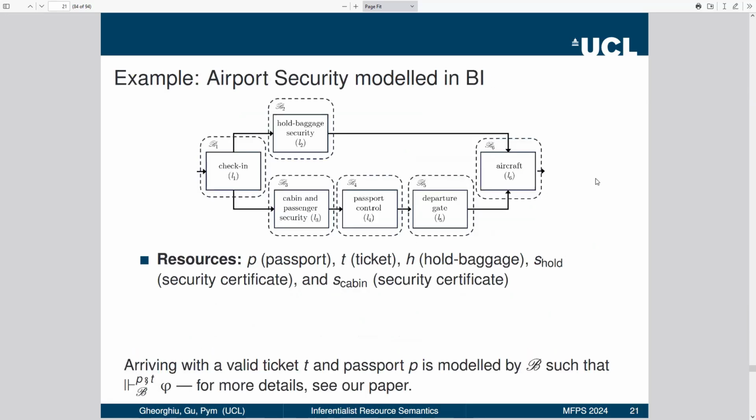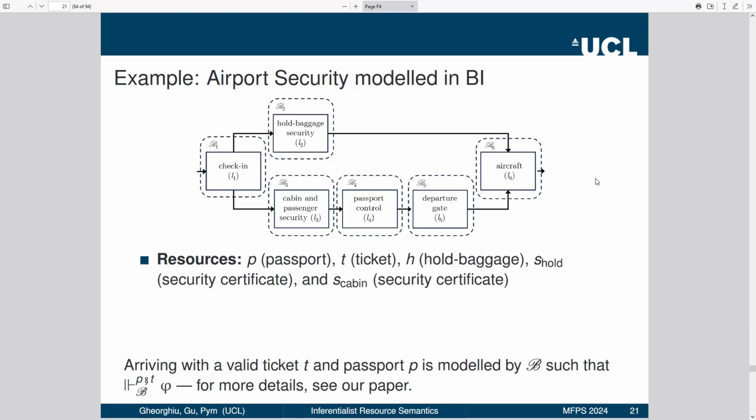So here is a particular instantiation that's relevant, especially to us, because we just came back from Reykjavik. So when you arrive at an airport, you march with your luggage in this way, and then you drop off your luggage, and it goes somewhere, and you don't have to look at it until you land, and you go through baggage control this way.